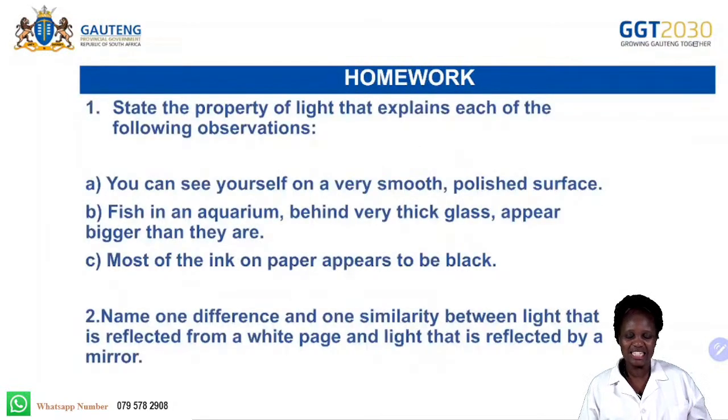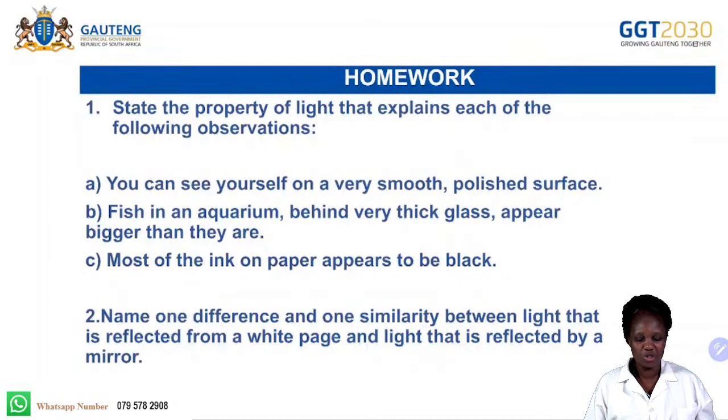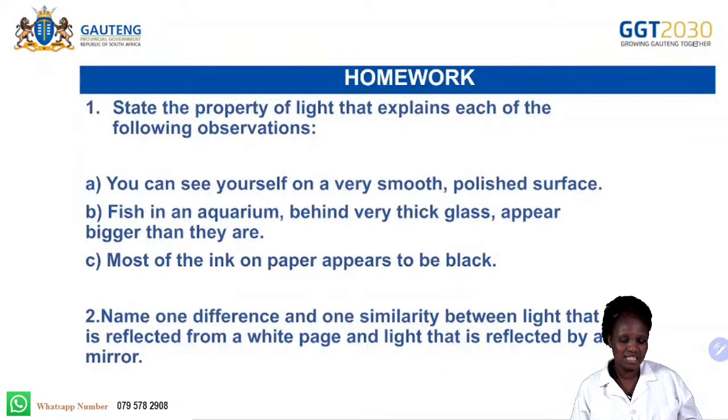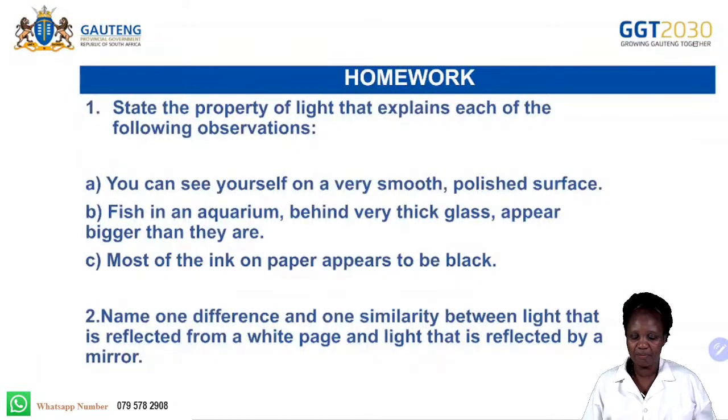And then let's check our homework. We're going to copy our homework shortly. Let's read it together. State the property of light that explains each of the following observations. A. You can see yourself on a very smooth polished surface. B. Fish in an aquarium behind very thick glass appear bigger than they are.